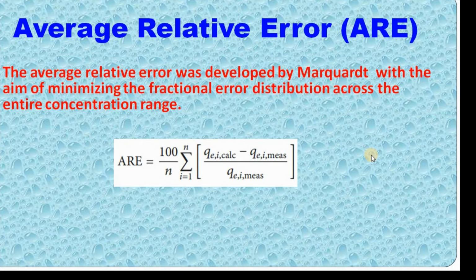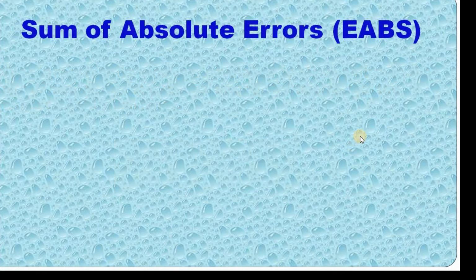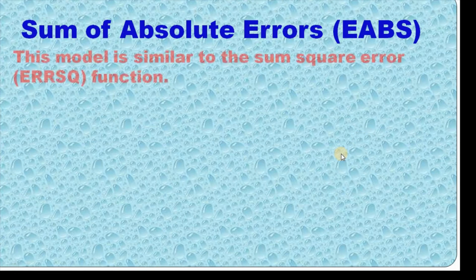Then comes average relative error, which was developed by Marquardt with the aim of minimizing the fractional error distribution across the entire concentration range, and the equation is given by this. Then comes sum of absolute errors.